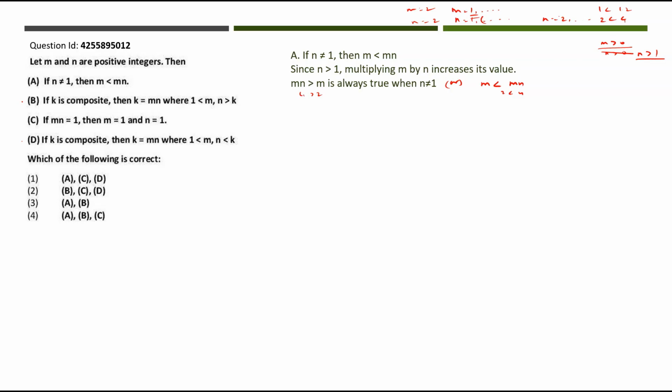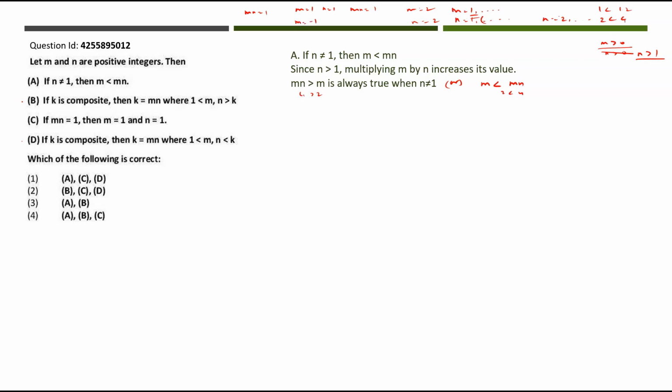What about C? If m into n is equal to 1, then m is equal to 1 and n is equal to 1. When the product of two numbers is equal to 1, what are the two possible values here? When you have m is equal to 1, n is equal to 1, you will have m into n is equal to 1. What is the other possibility?